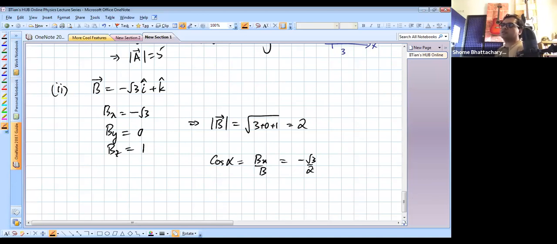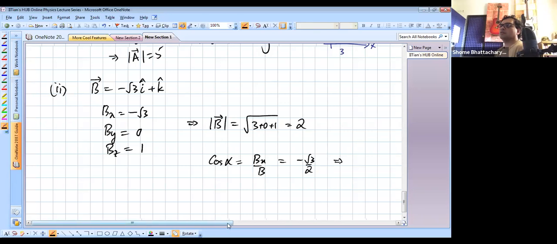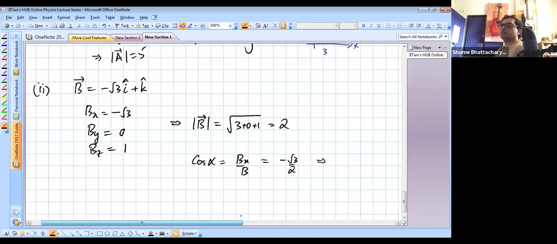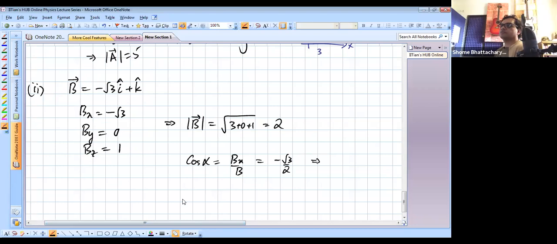Now I know that cos of 30 is root 3 by 2. So cos of what angle will be minus root 3 by 2? So alpha will be how much? 180 minus 30, or 150. Simple. This I know from trigonometry in the second quadrant.